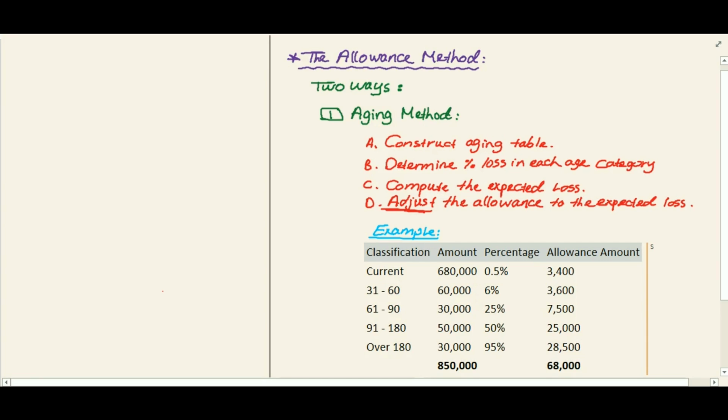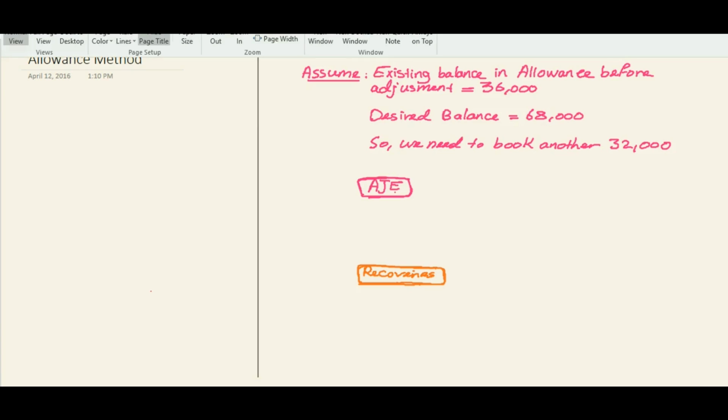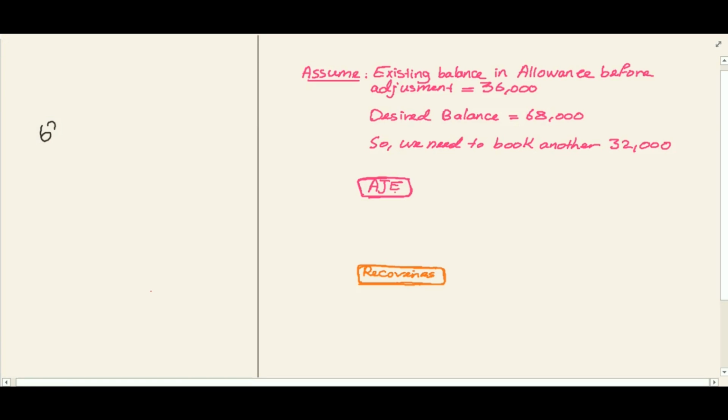So in total, we say that $68,000 we think won't be collected. We'll keep in mind that 68,000 won't be collected.